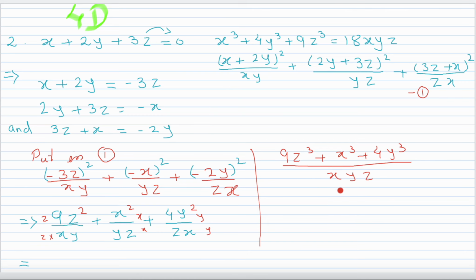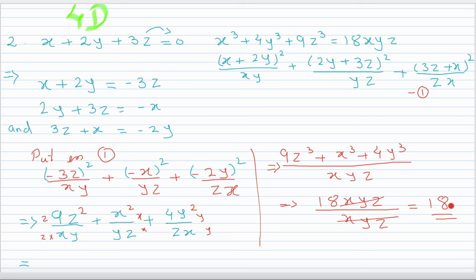So that means this one is nothing but 18 yz upon xyz. This gets cancelled, so you will get answer 18. So this is the answer of this question. I don't think we have any difficult question in 4d. So we have completed this chapter.